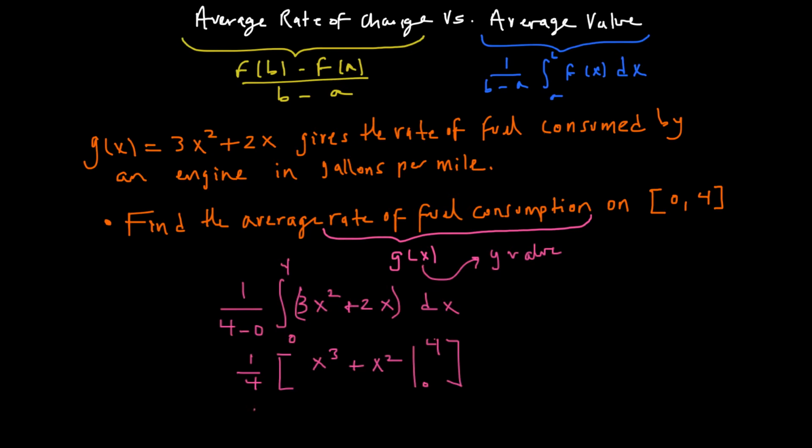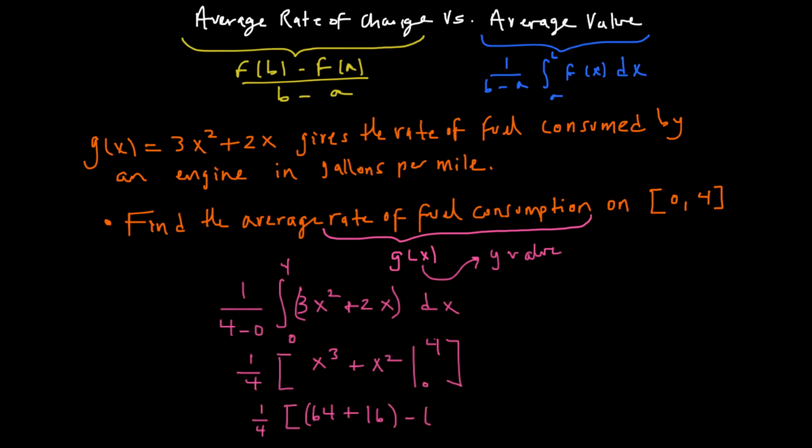So that'll be 1/4, and let's see, the 4 will give you 4 times 4 times 4, that is 64, plus 4 times 4 is 16. That's the upper limit.